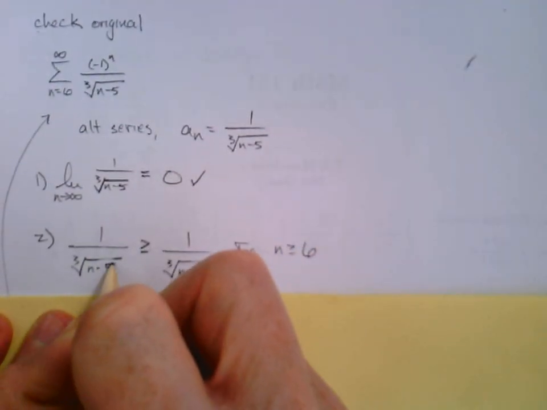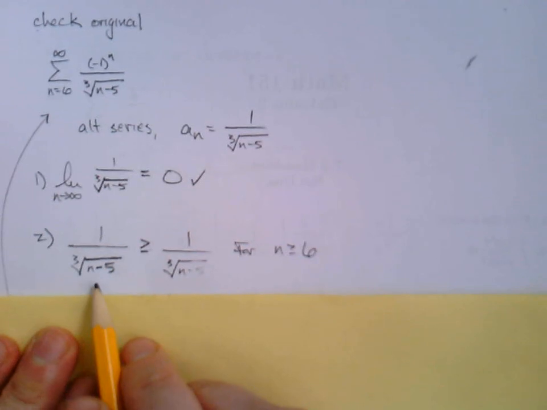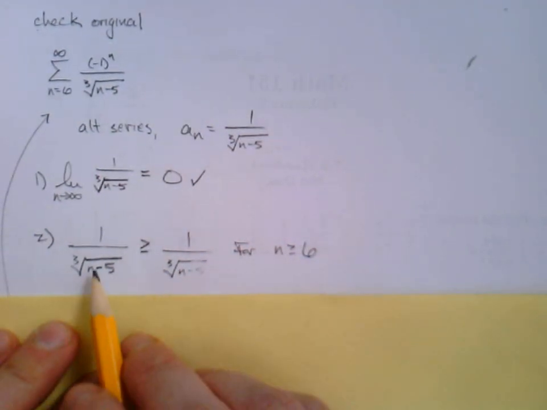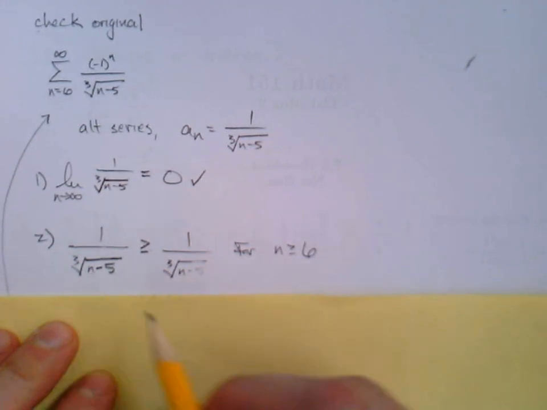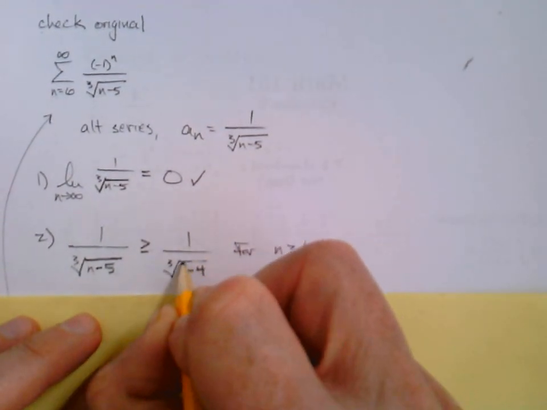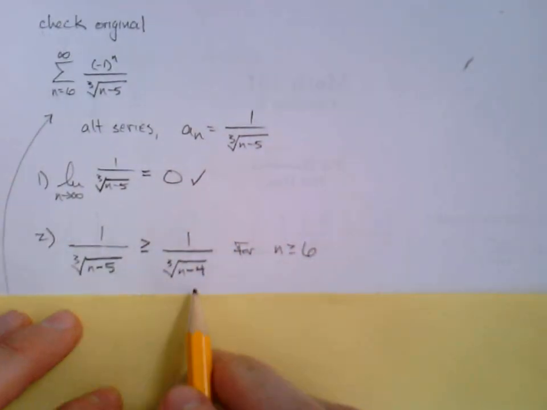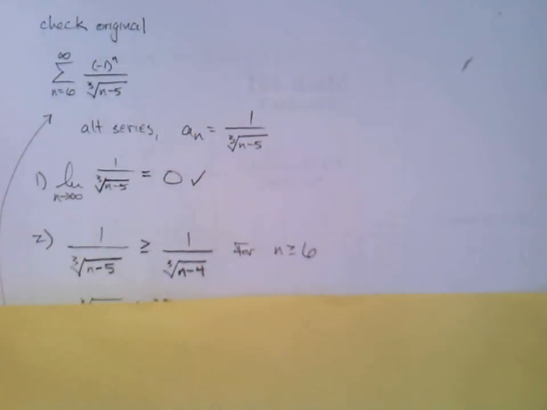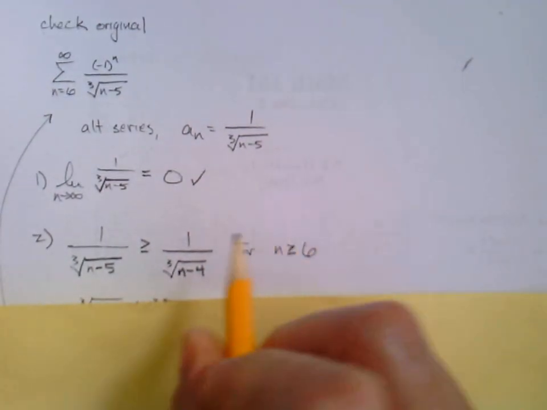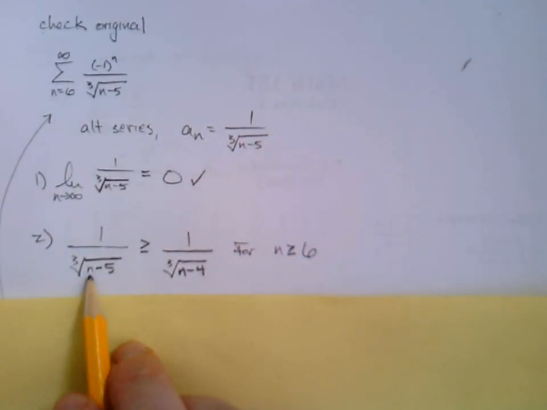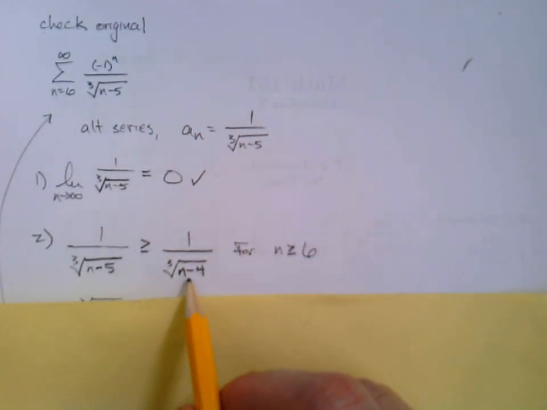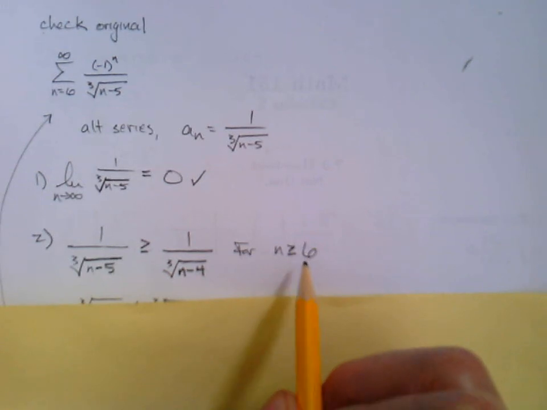I've got the nth term. It's got to be greater than or equal to the next term. Well, if I replace n with n plus 1, I'd be subtracting 4. Hopefully that makes sense. Replace n with n plus 1, n plus 1 minus 5. Okay. Is this really true? It's got to be true for n greater than or equal to 6.